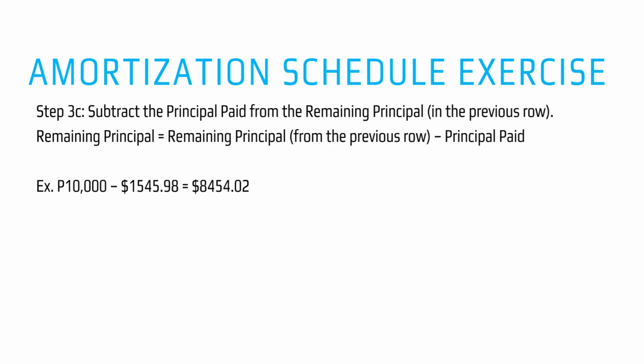Next, step 3c. Subtract the principal paid from the remaining principal in the previous row. Remaining principal is equal to remaining principal from the previous row minus principal paid. An example is shown below.